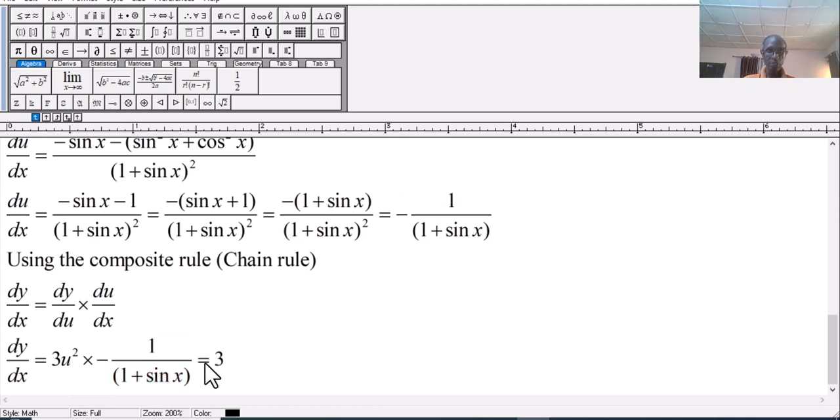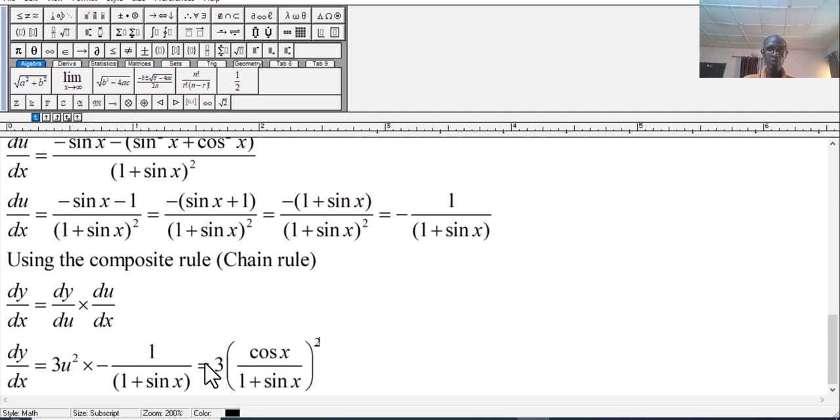So we can expand this. This will now be 3, and let me open a big bracket. So we now have our u. Remember our u is cos x all over 1 plus sine x, so everything all squared, times, I'm going to copy this and bring it here.